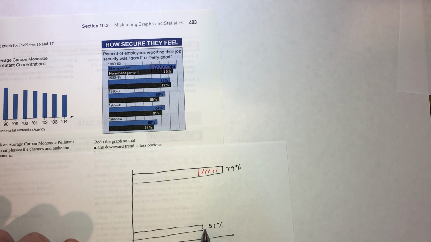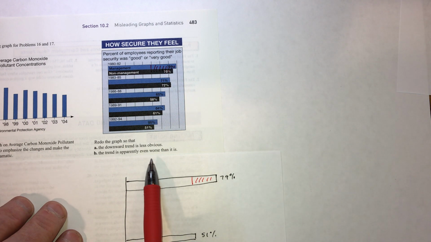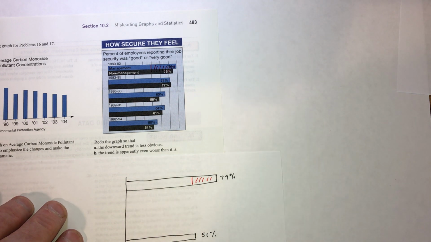And I guess I should have made this one a little bit bigger to make it even more obvious. So you could just draw this one a little bit bigger and then draw all of these so that they're a little bit closer to each other. And then that will make it look like there's not such a big difference. Make it look even worse than it is.